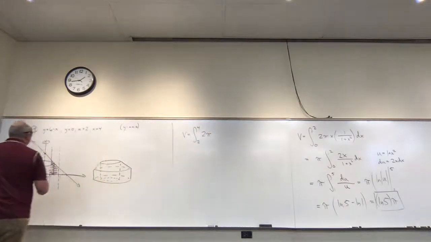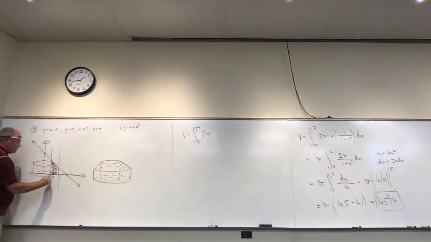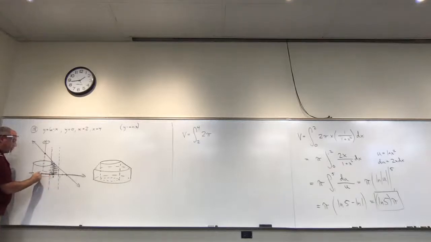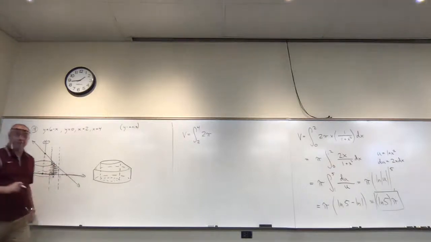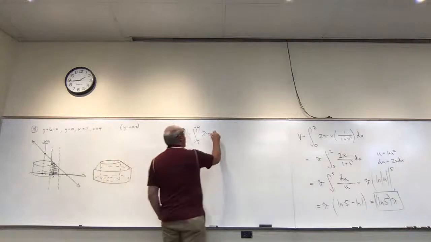If I'm at some x value right here, how far am I from the center of the shell? Just x, right? The center of the shell is the y-axis. So how far is x from that y-axis? Well, x. So x goes here.